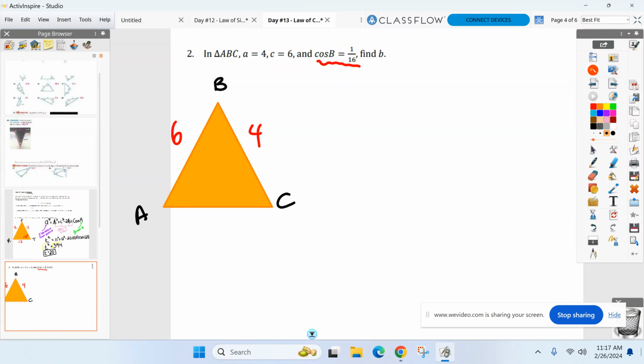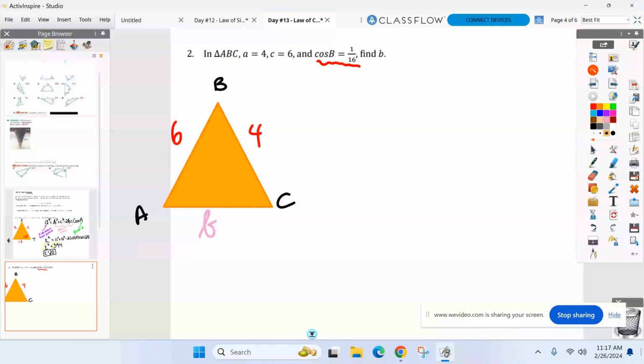And what do we find in side B? I know a degree measure is not there like it was in problem 1, but what angle do you know anything about? What's the only angle we know? There's 3 of them up there, but we only know info about what angle? Angle B. I know nothing about A and C. It's just angle B. So what side's across from it?